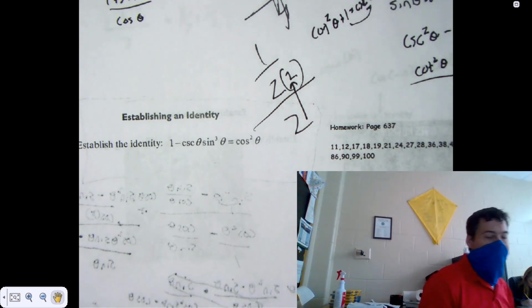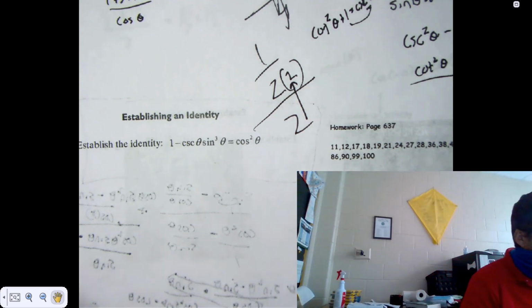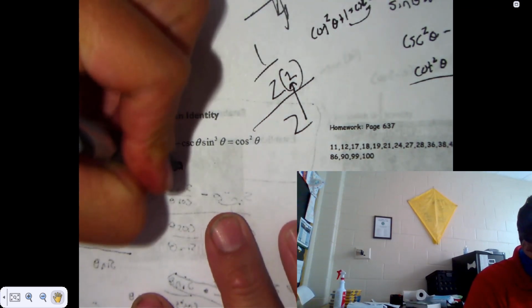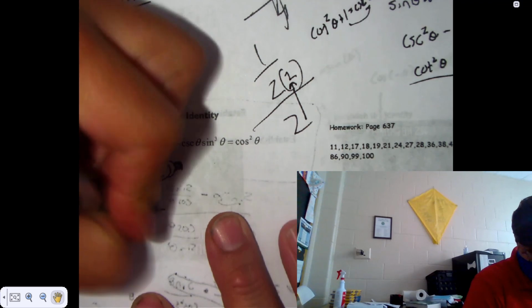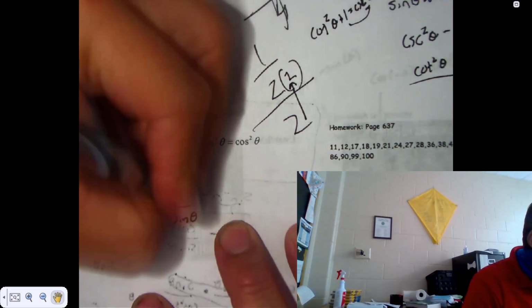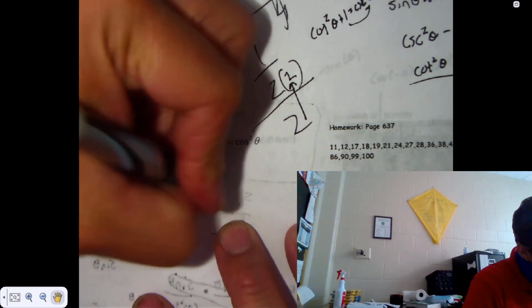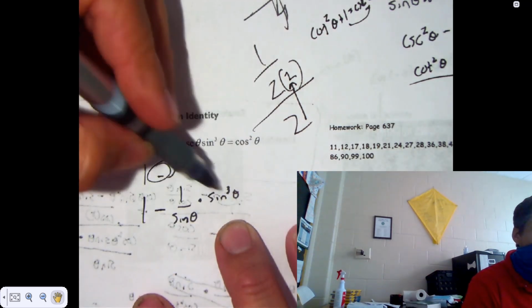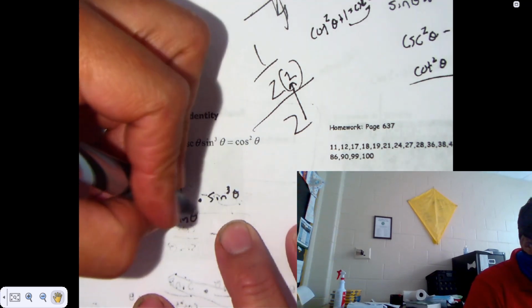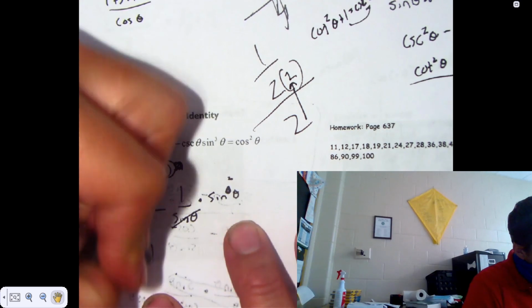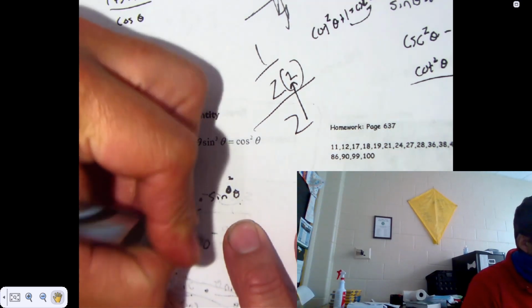All right, for those of you at home fast forwarding through things, because that's what you'll do. Cosecant is 1 over sine of theta. And then we have sine cubed of theta. If you just focus on these two pieces right here, that one's gone. That exponent becomes a 2. You have 1 minus sine squared of theta.